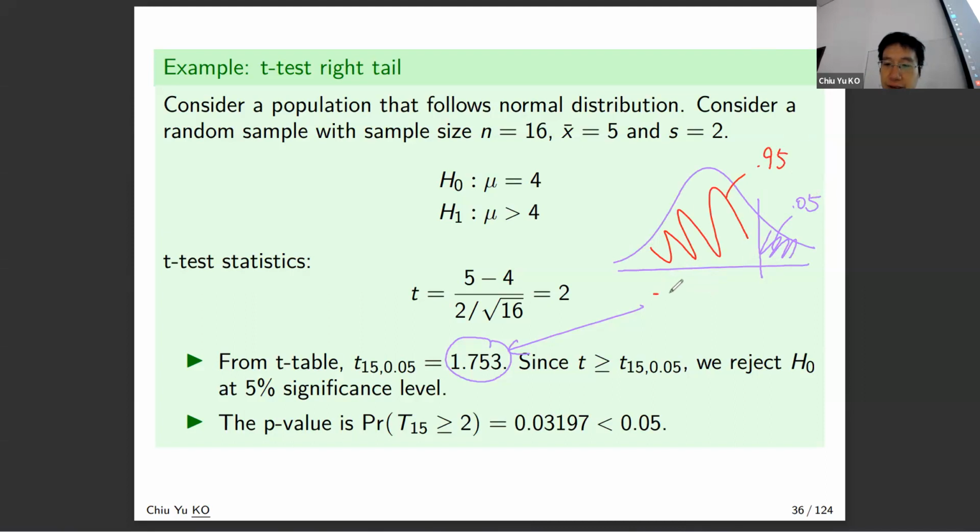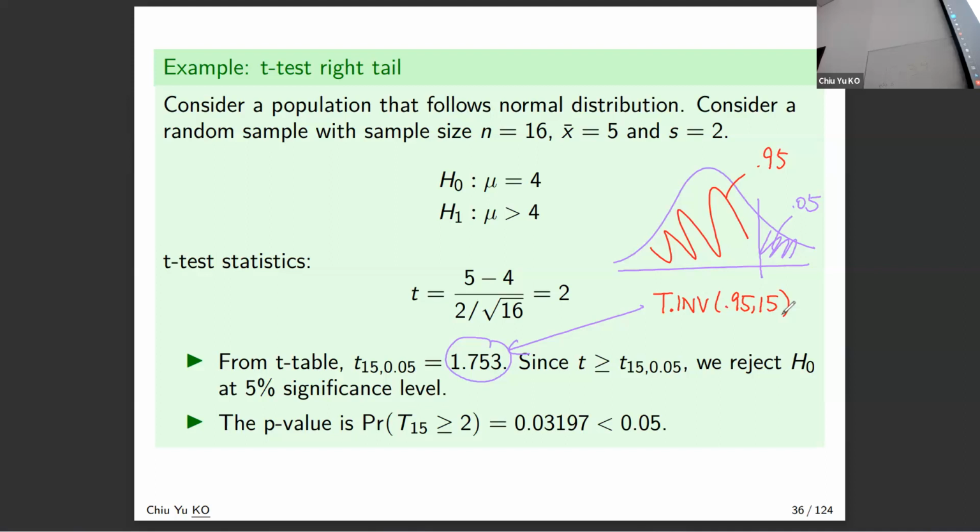I will just use T inverse of 0.95 with 15, right? That's it. Because the left-hand side is 95%, it is the 15th version of the T table.